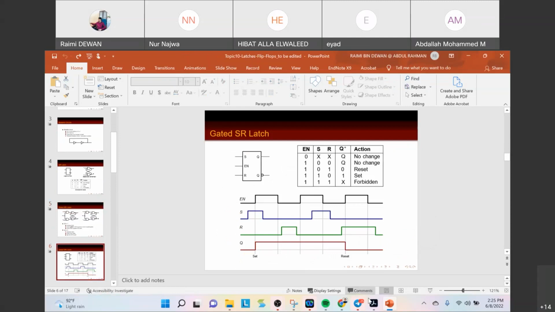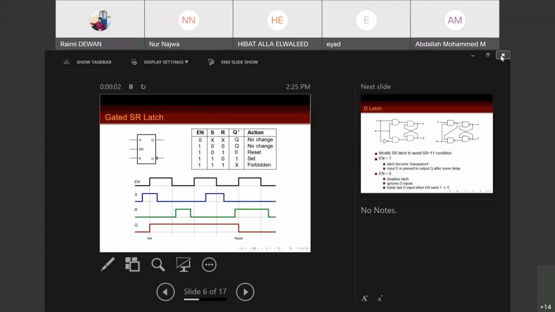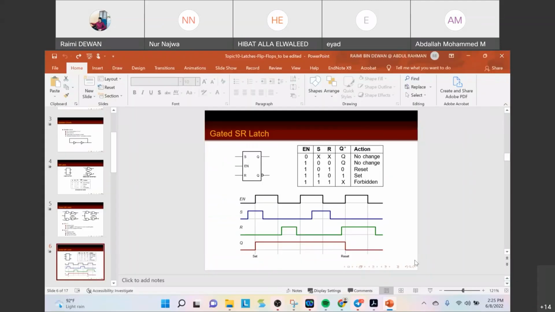So if you see this one, the gated SR latch, with the enable signal. You have the enable input.